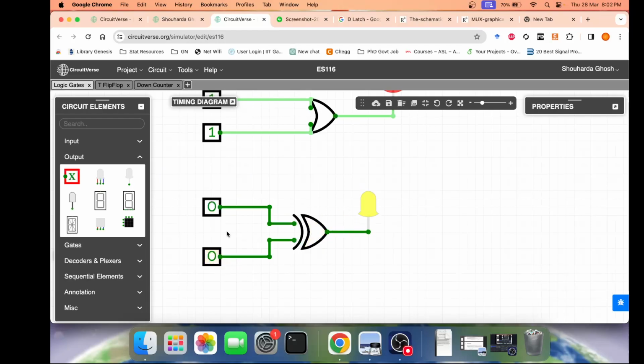When both the inputs are 0, the LED doesn't glow. When one of them is 1, the 0 or 1, the LED starts glowing. The other case, when 1 is XORed with 0, I still get a glowing LED. And when both the inputs are 1, you see, suddenly the LED goes to 0. The LED doesn't glow actually.